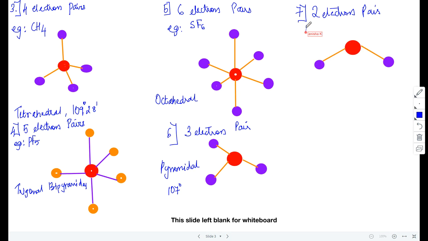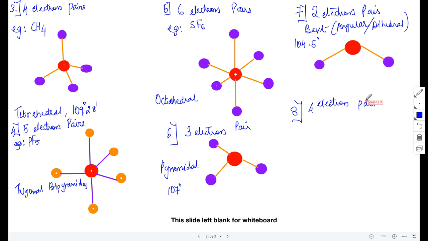So they have also named it a bent shape, or sometimes angular or dihedral, with an angle of 104.5 degrees. Again, for a 4 electron pair, another possibility.